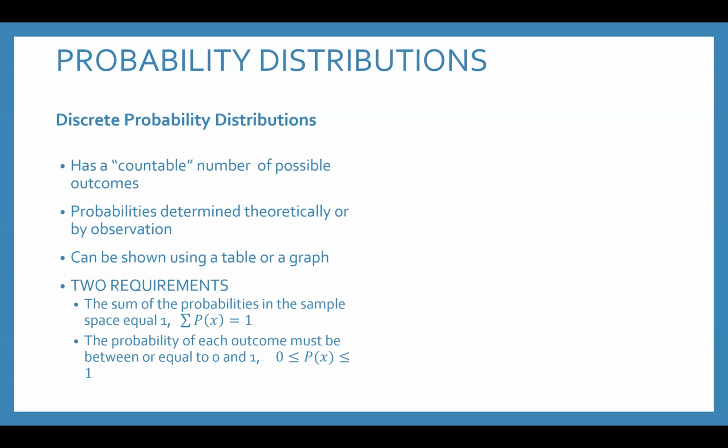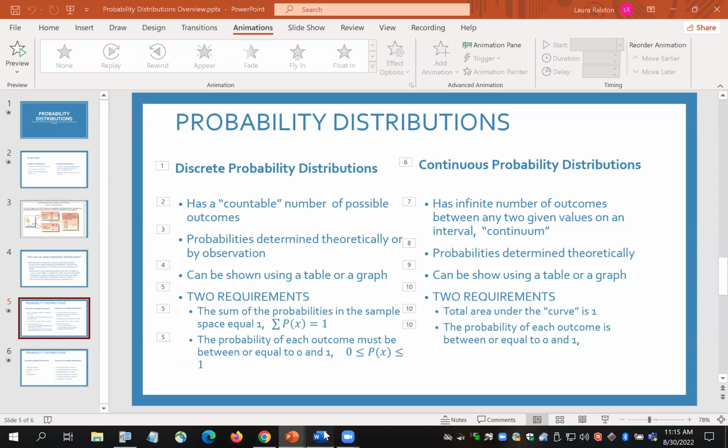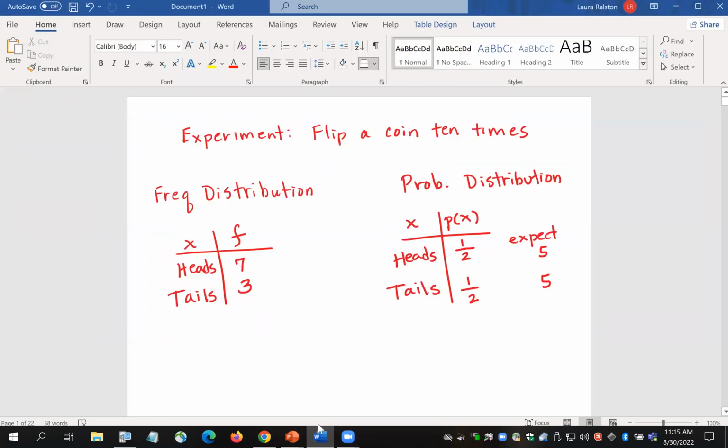Okay, let me show you what I mean by that. Again, there's a little bit of an assumption here that you do have a basic idea of probability. The basic rules of probability say that all probabilities have to be between 0 and 1, and that does hold true for a discrete probability distribution.